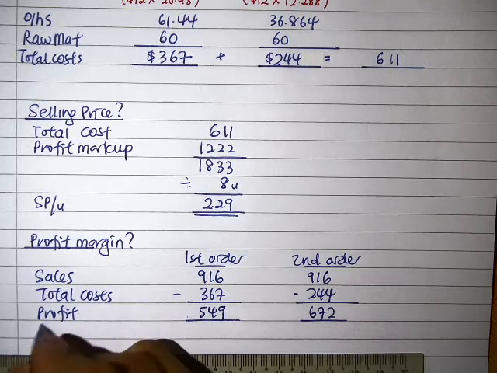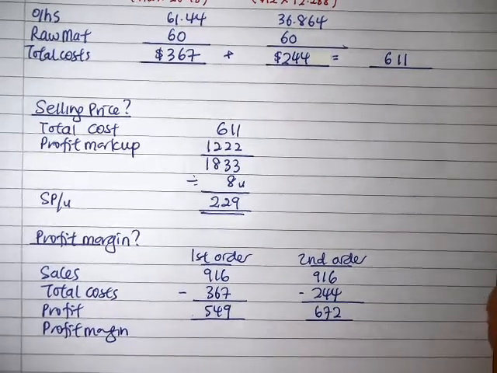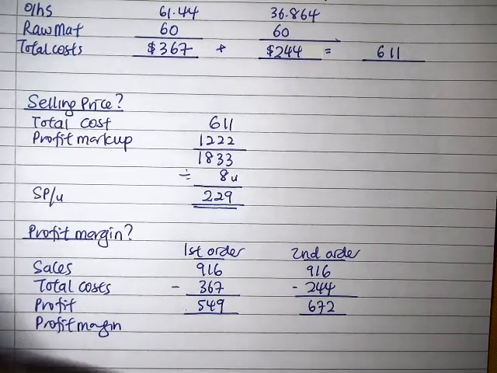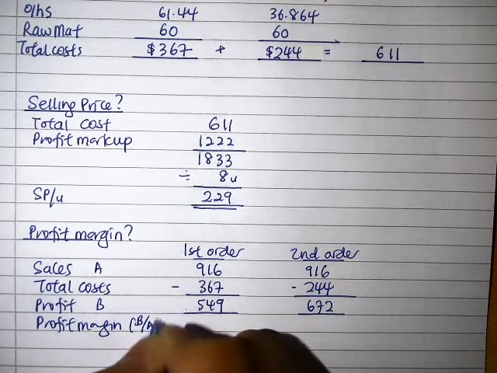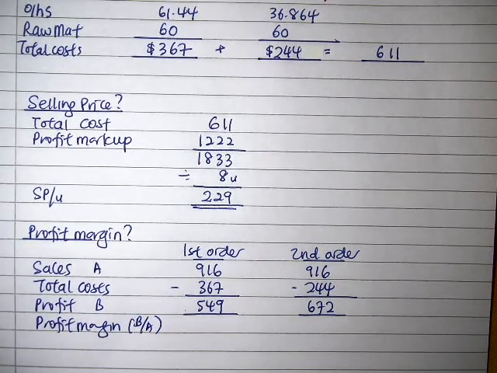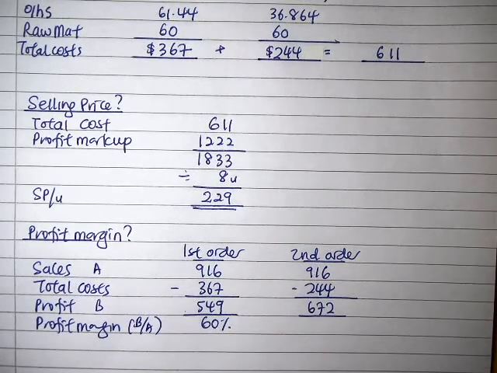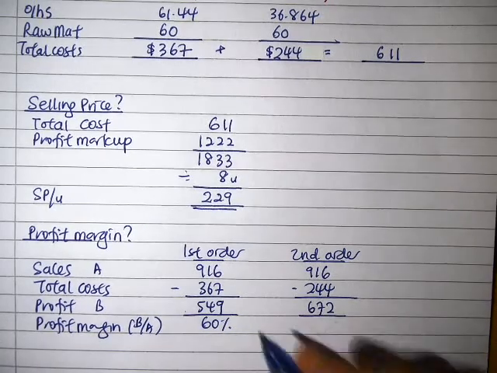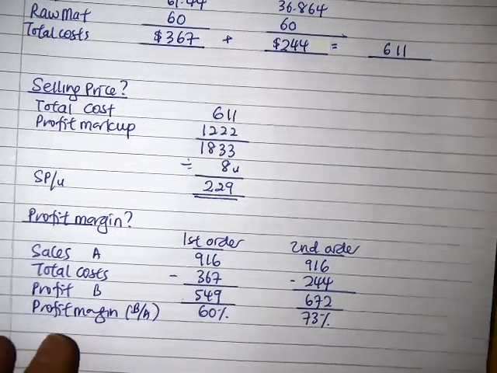So what is margin? Now margin is what we have over your sales. So if you have A and B, B over A, our margin is 60% for the first order, and our margin is 73% for the second order.